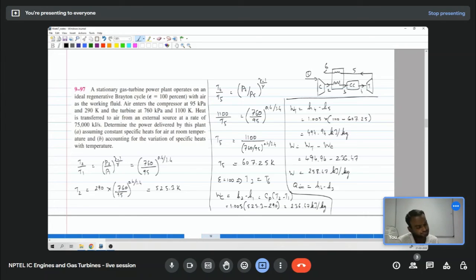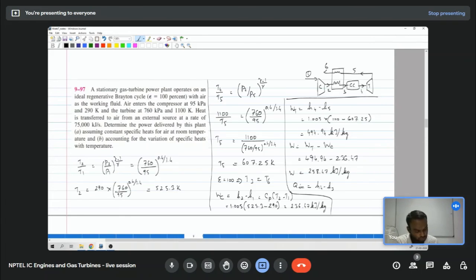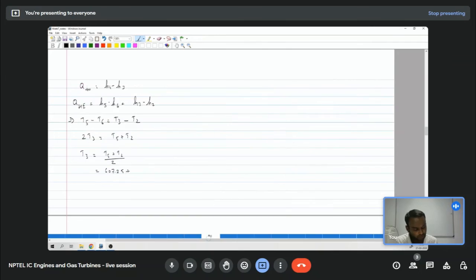T5 is 607.25 and T2 is 525.3 Kelvin, divided by 2. So this is 566.275 Kelvin.